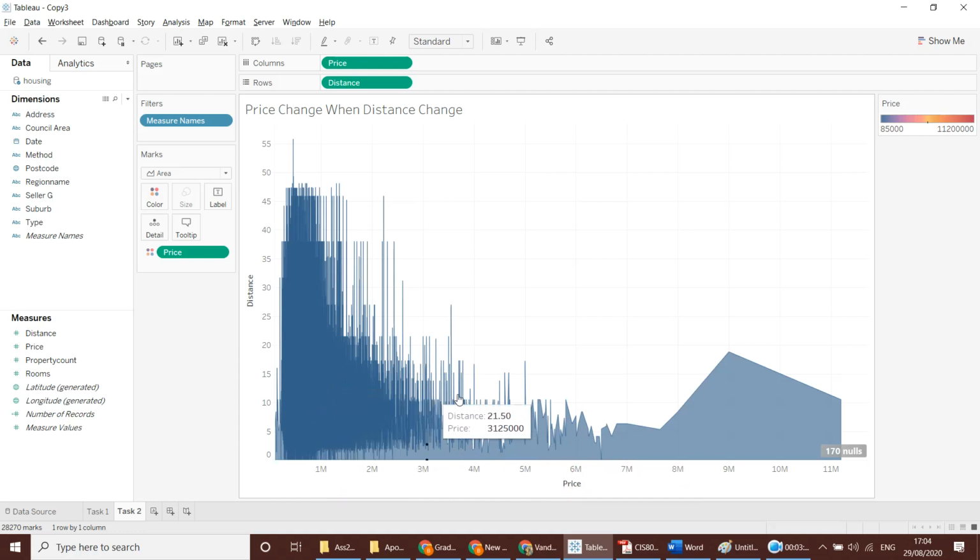We can understand that the maximum value of the house is achieved when the distance is at about 0.10.50. This is the maximum price that we can achieve, because when we move this side, whatever is the maximum value is considered the maximum value.